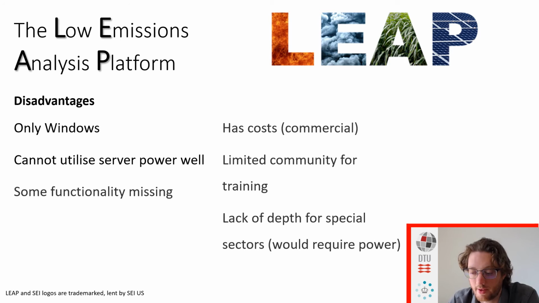That also means the fact that it runs on desktop Windows also means like even if you have very powerful server level hardware, that doesn't mean much to Leap. It will probably make calculation runs quicker, but not anything special. On the other hand, most Leap models run calculates within 10 minutes, so it doesn't really mean much.